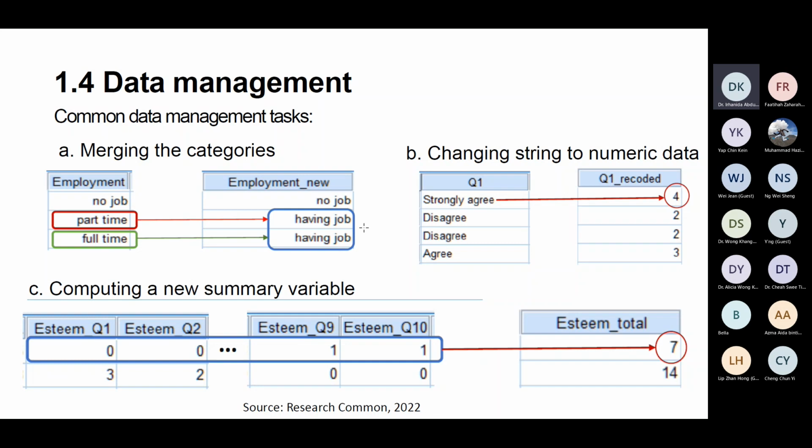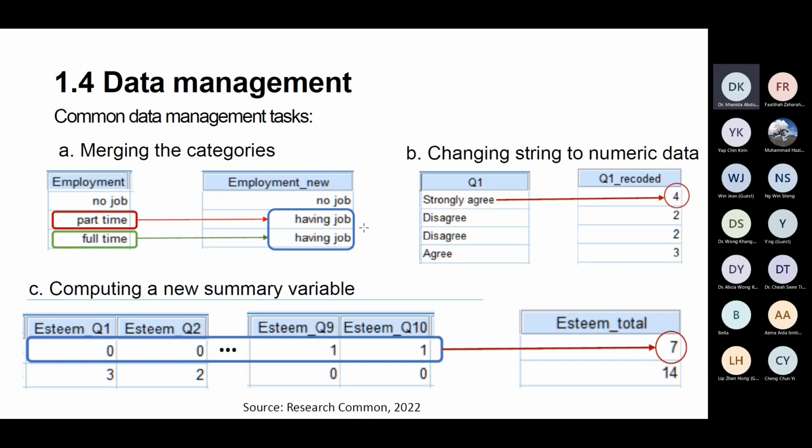Number 2 is changing string to numeric data. String is when we write words. Normally, like I showed you just now, 1 equals strongly agree, 2 disagree, things like that. But sometimes the respondent answers in reverse.